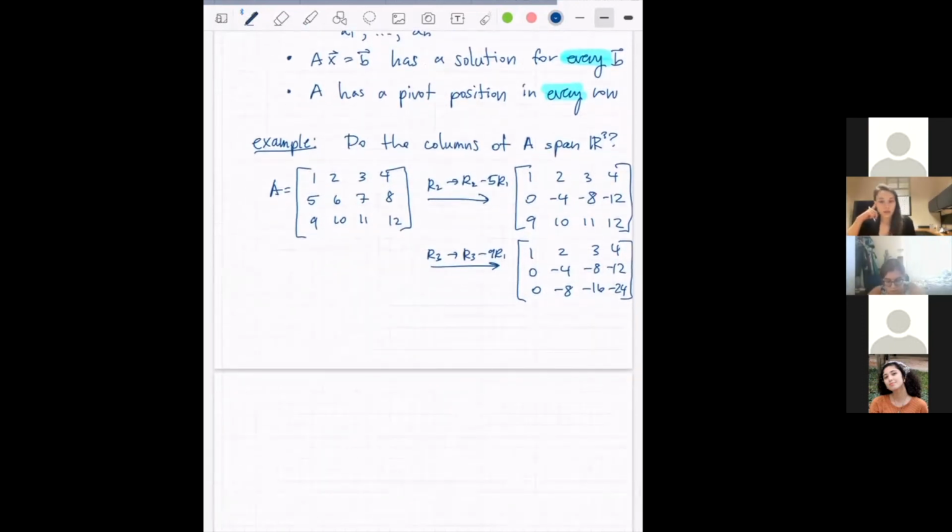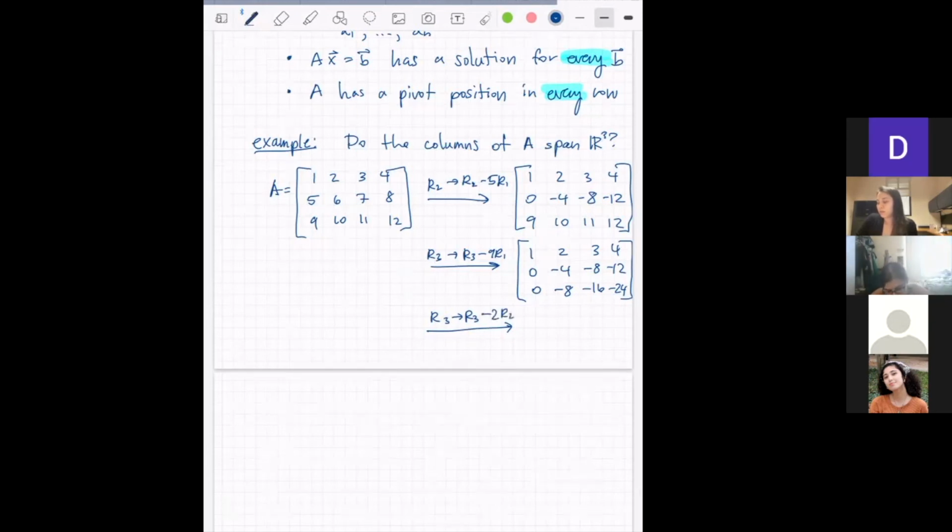Okay, so here we are, and you might notice that the last row is a constant multiple of the second row, right? So we can actually get rid of the last row by taking row 3 and replacing it with row 3 minus 2 times row 2.